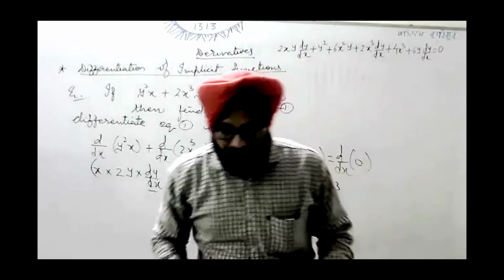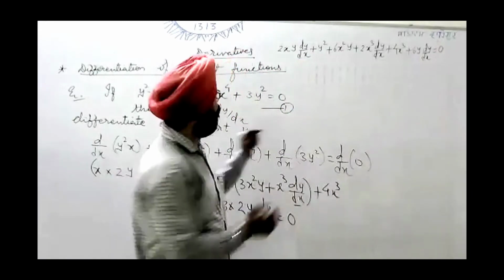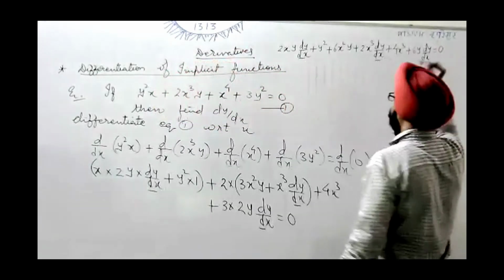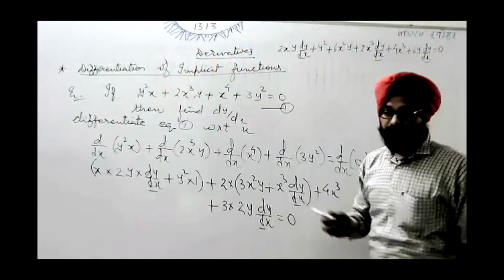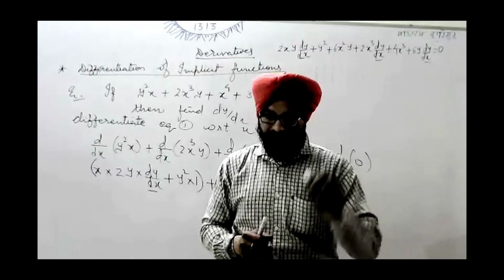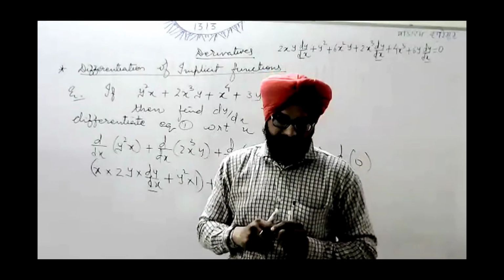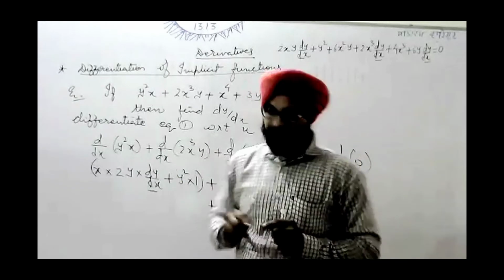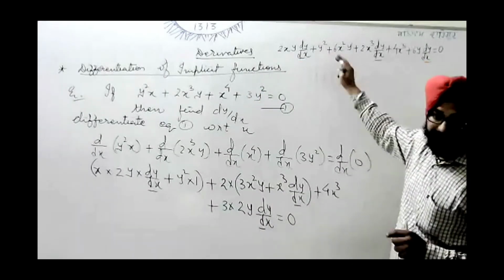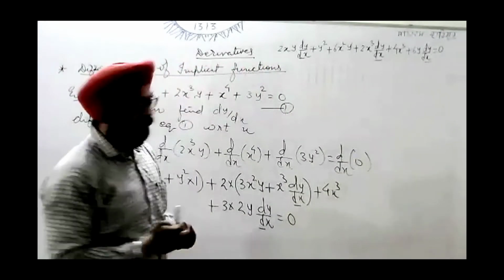To find the value of dy by dx, what we do? Check 1, 2, 3. These terms will be clubbed. See, this is step-by-step procedure. So I have already said how to save time and write the correct answer directly. Other than these dy by dx terms, first of all, shift the rest terms to the right hand side. So their sign will be changed.